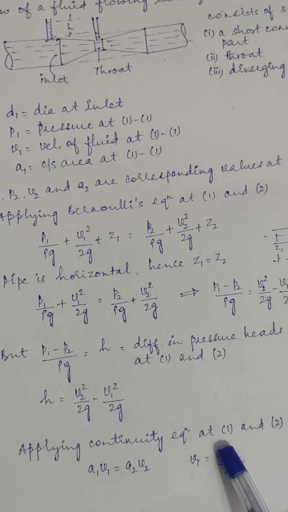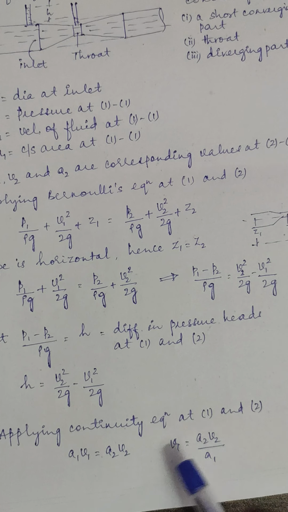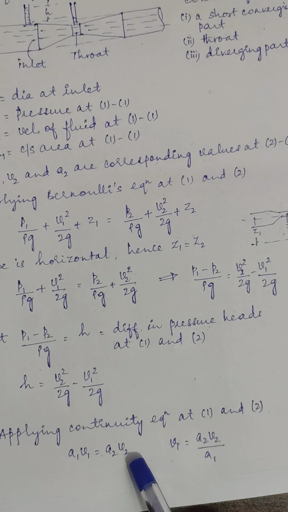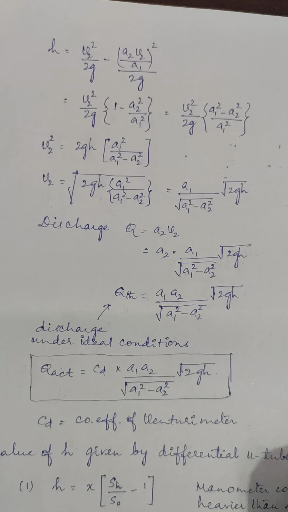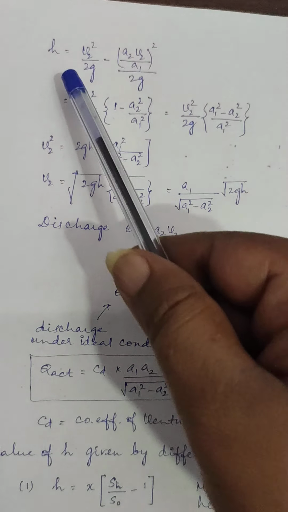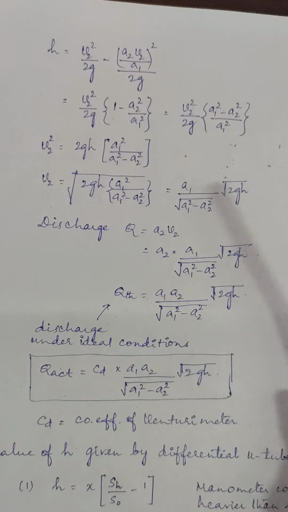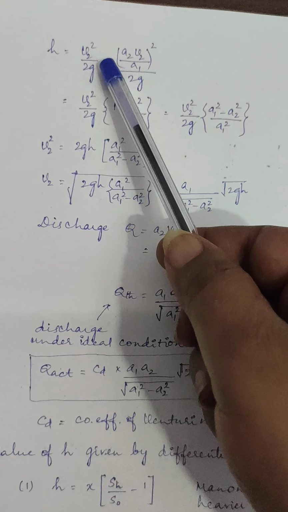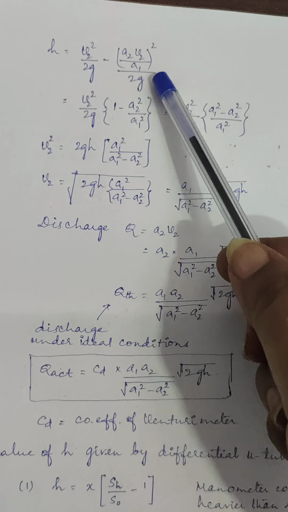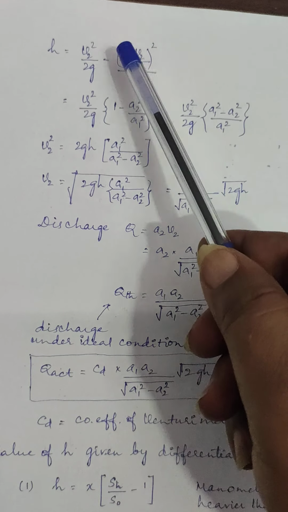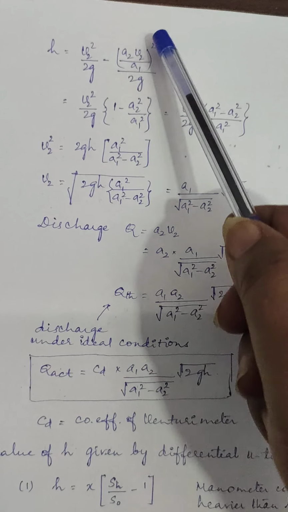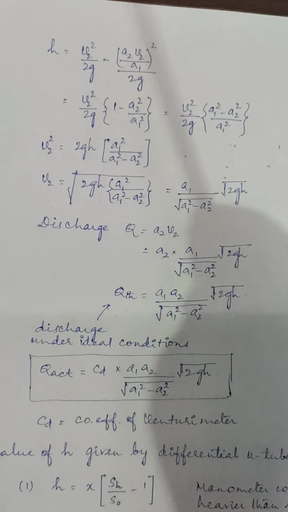Now applying the continuity equation at section 1 and 2, we have A1 V1 is equal to A2 V2. So we write V1 as A2 V2 divided by A1. Now substituting in H, we have V2 square by 2G minus, substituting V1 from the earlier equation as A2 V2 by A1, V1 square by 2G.